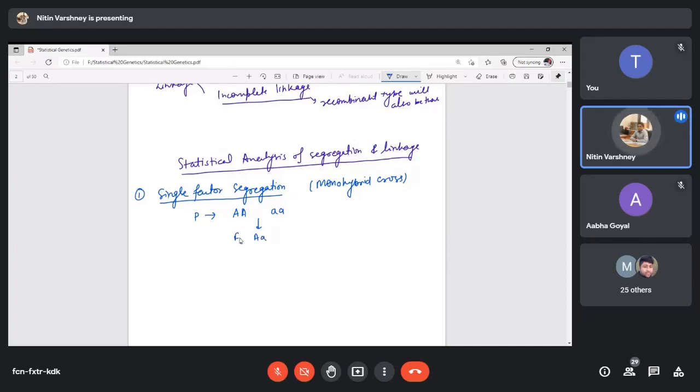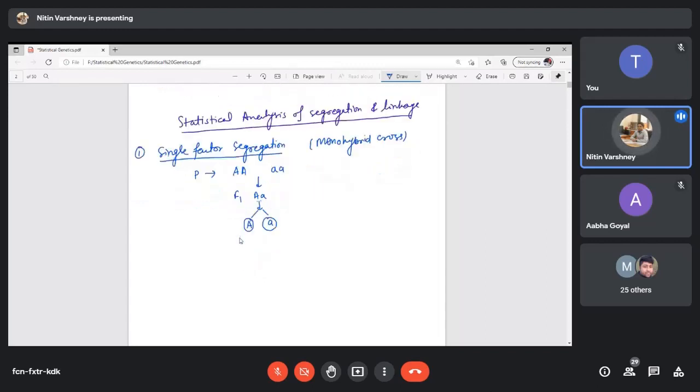This will produce two types of gametes, capital A and small a. They are segregating as per the law of segregation. We can say that the genes are segregating in equal proportion, that is 1:1.